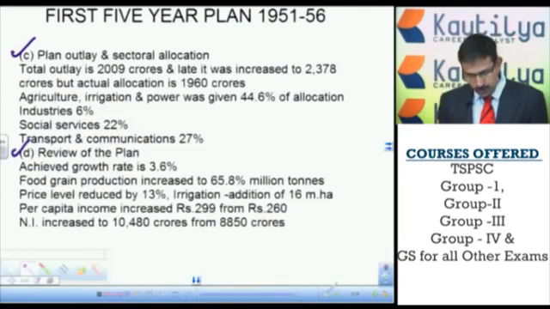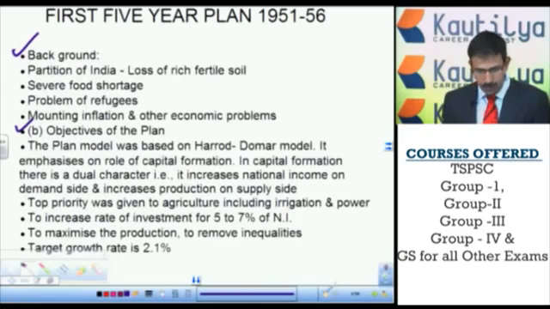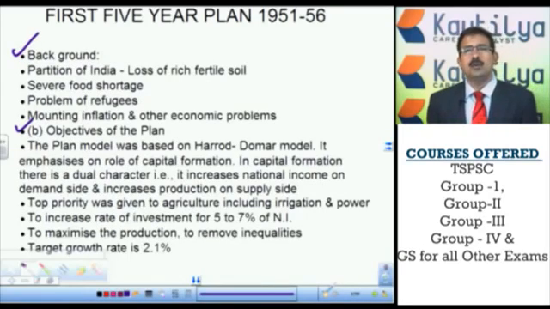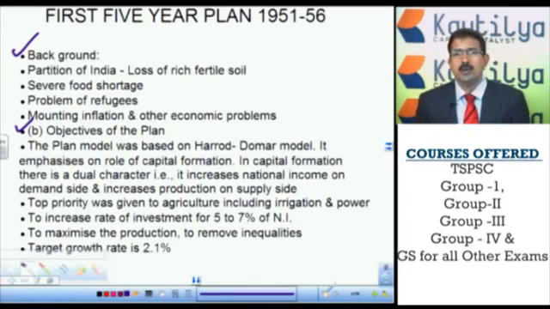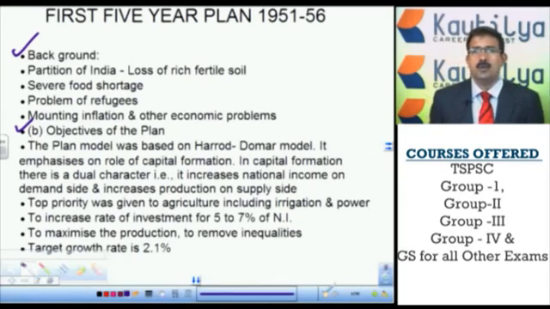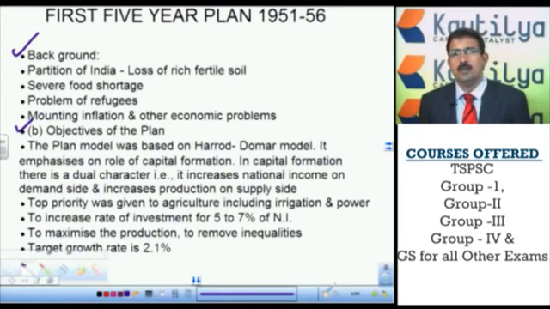So with this introduction, I would like to start the first 5-year plan. Namely, as I told you, the 5-step mechanism. First, we will start at what background the first 5-year plan has been started. As you are aware, partition of India took place, and there are two problems from Pakistan and the refugees problem.